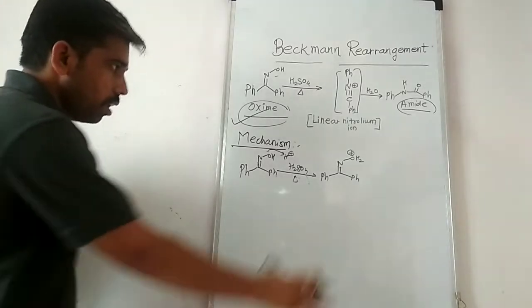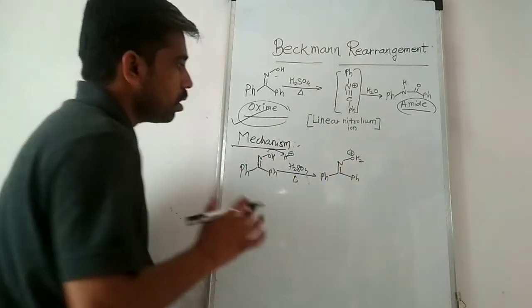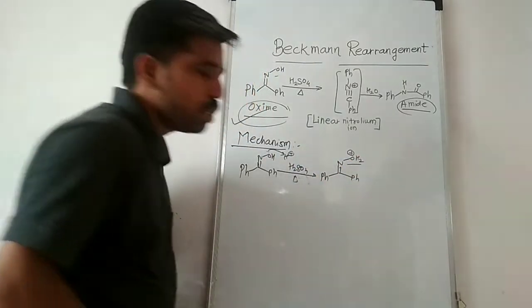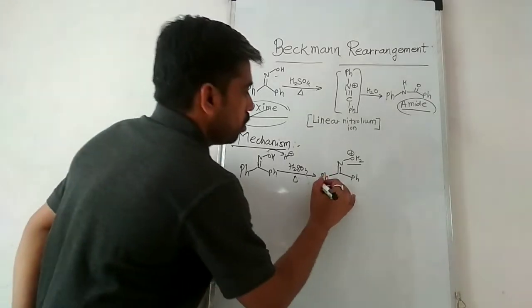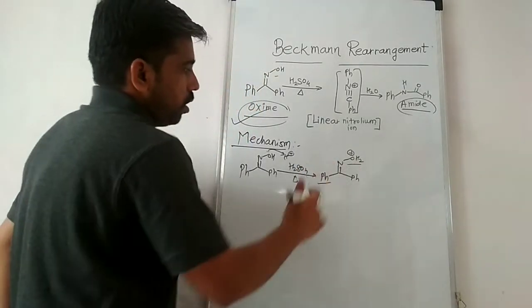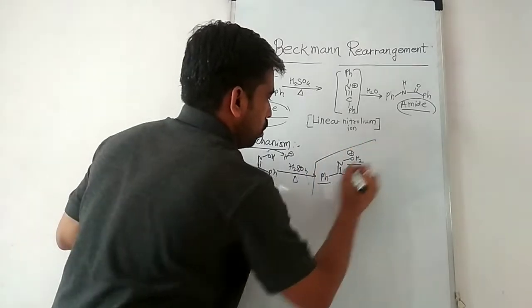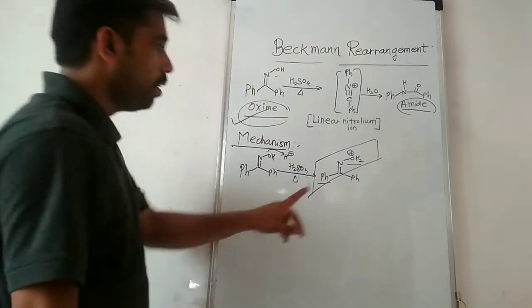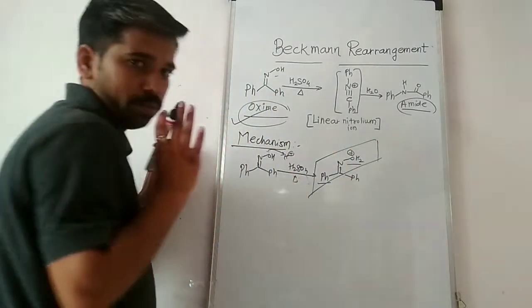Now at this stage, the leaving group, that is the OH2 positive group, and this phenyl ring are in the same plane and trans to each other.